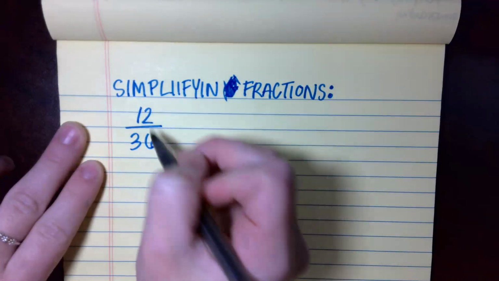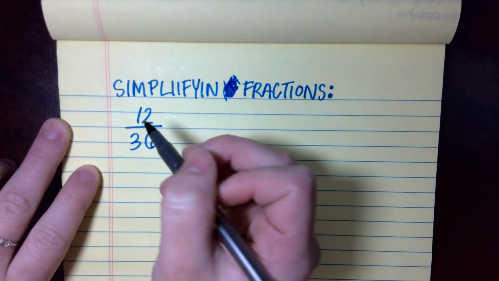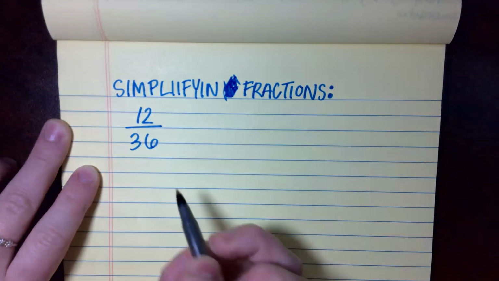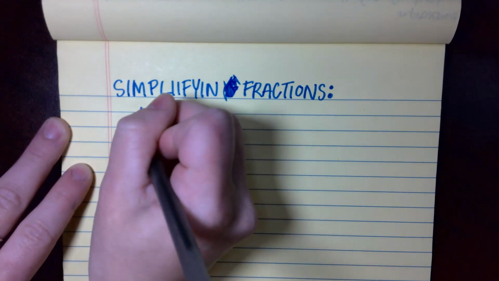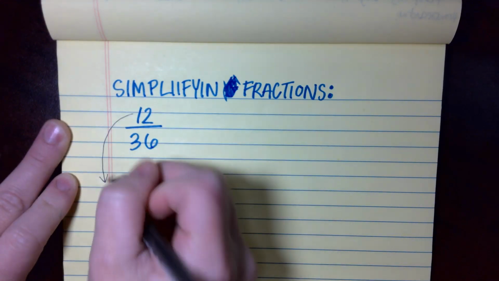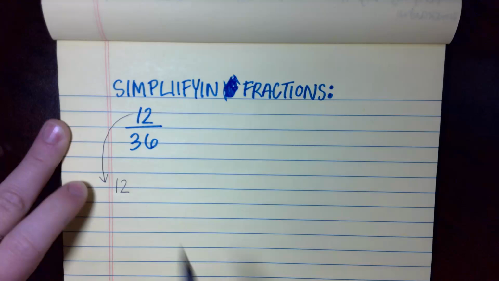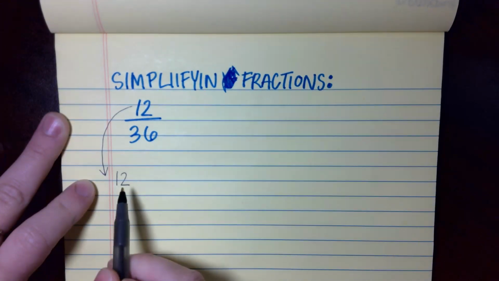So whatever your smaller number is, doesn't matter if it's on top or bottom. Let's go with 12 because that's smaller than 36. I'm going to think about all the numbers that I could use to multiply to get to 12.